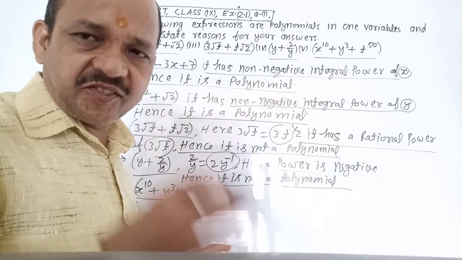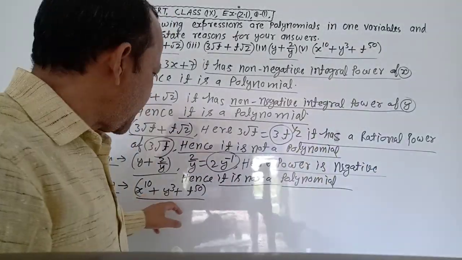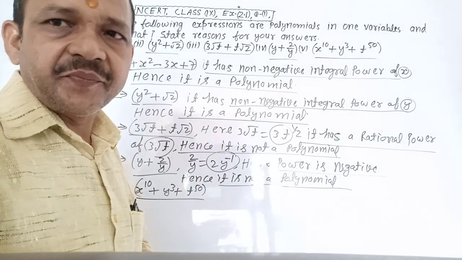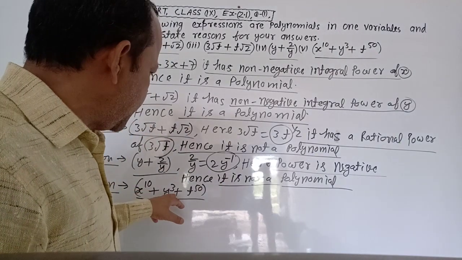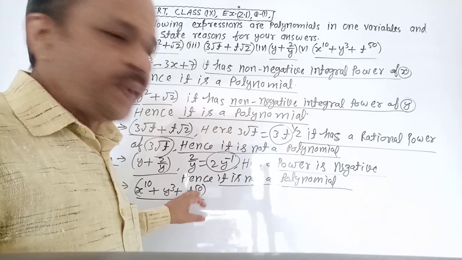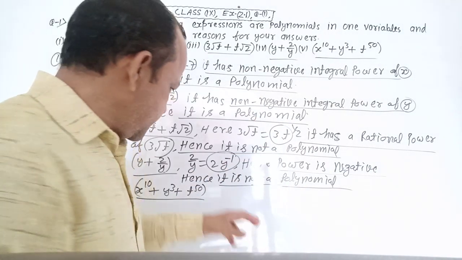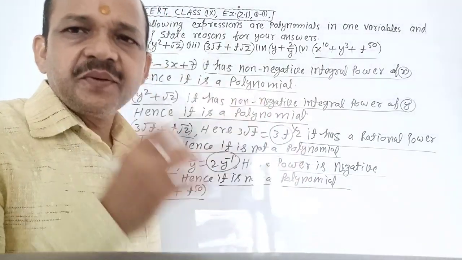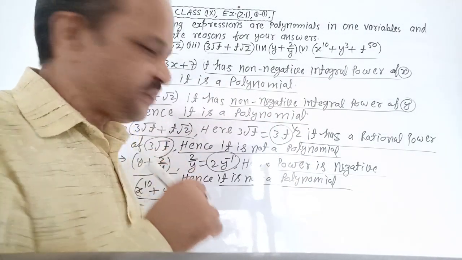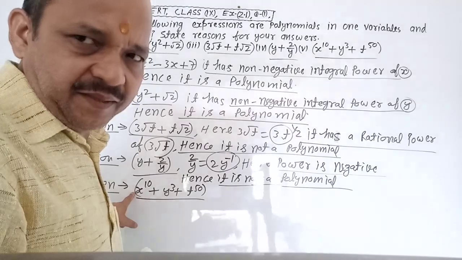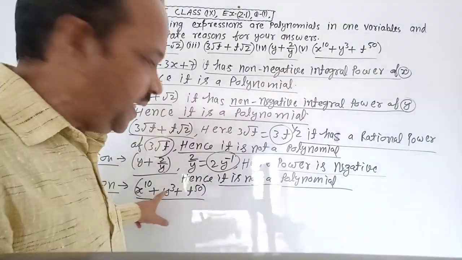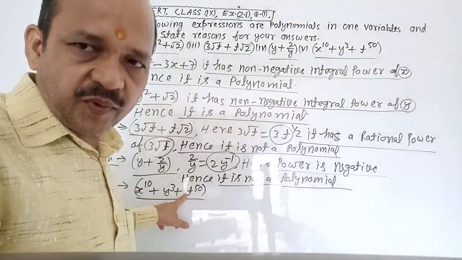It means it has three variables: x, y and t. Here power is 10, here 3, here 50. Maximum power is 50, hence its degree is 50.